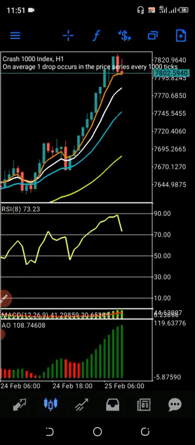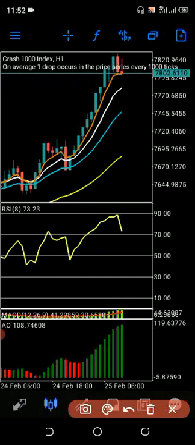Crash 1000 has entered into the oversold level here, and once it has entered the oversold level, it tries to touch 90. Now let me show it in clear terms how you can easily detect it.